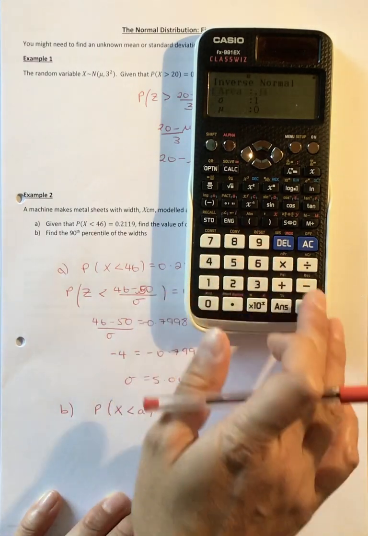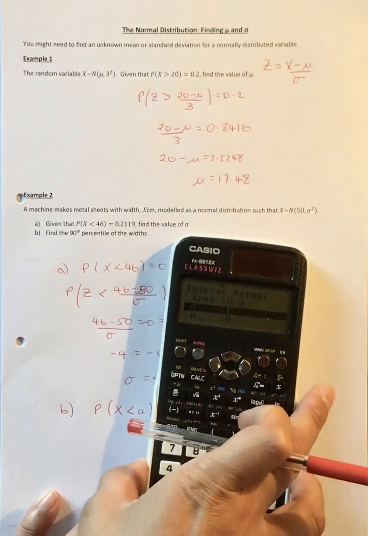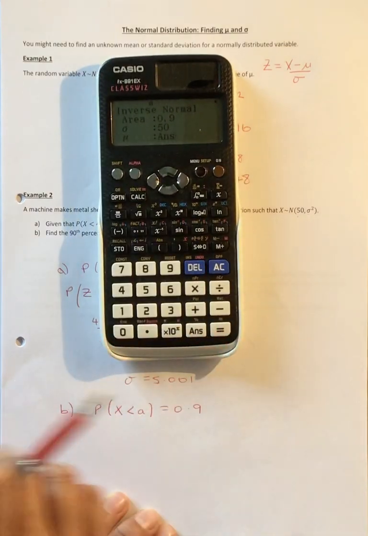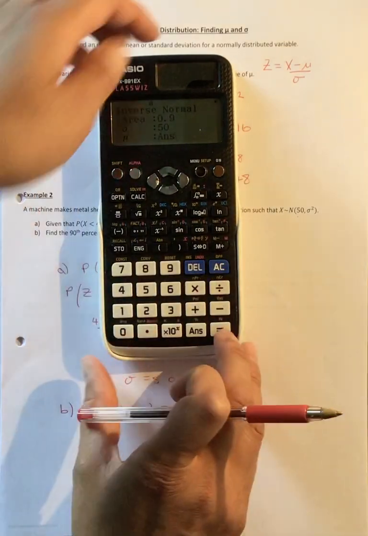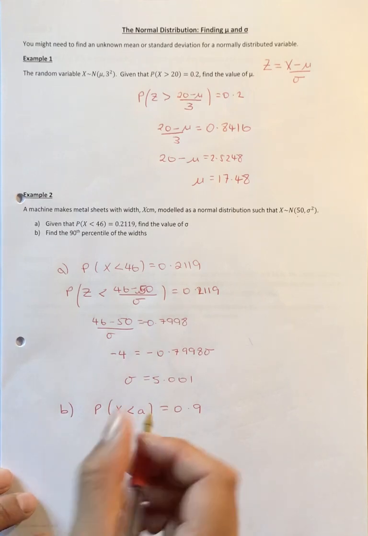So our area is 0.9 and we're going to use 50 and our previous answer, and that gives us a value of 56.41.